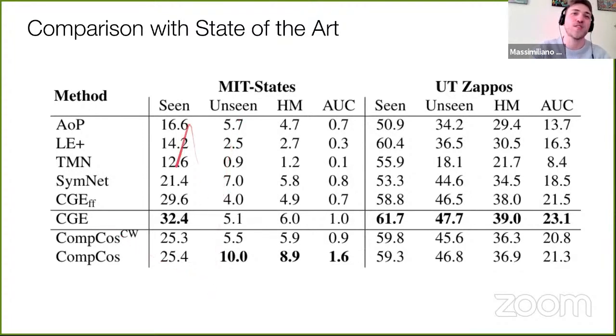Not for seen accuracy, but this is expected because this is something you see in the training set. But when you have to extrapolate and generalize to something out of the training set, the difference is large. CompCos is doubling the performance of the graph-based approach, and even in harmonic mean.